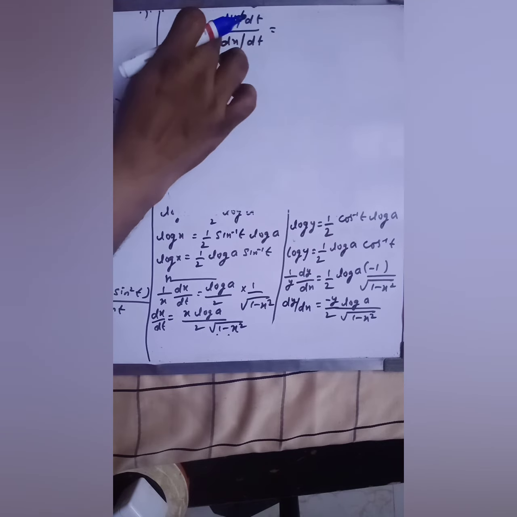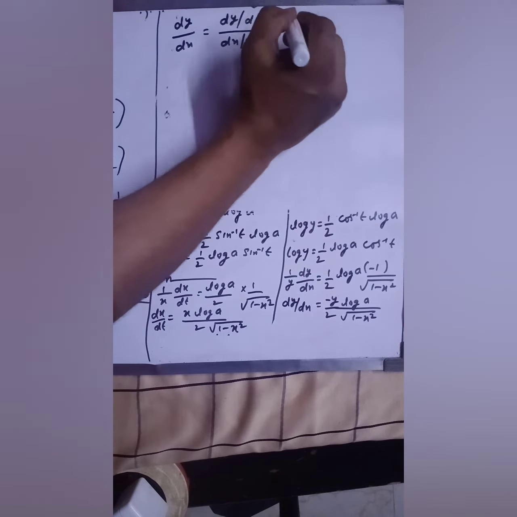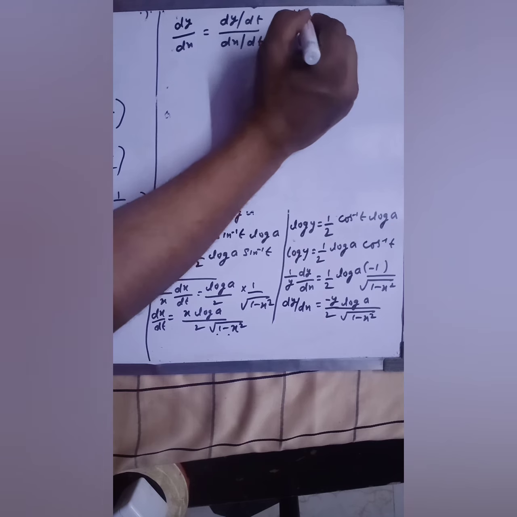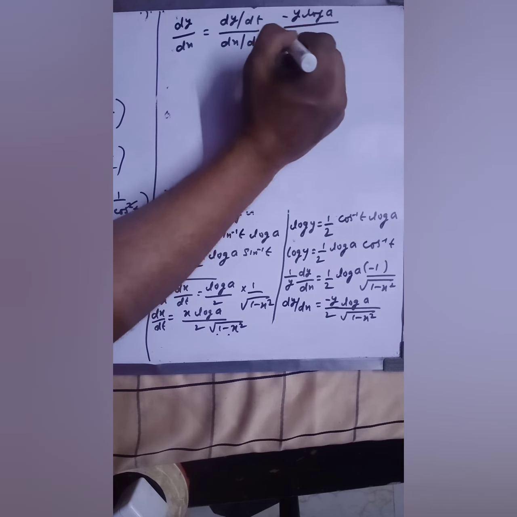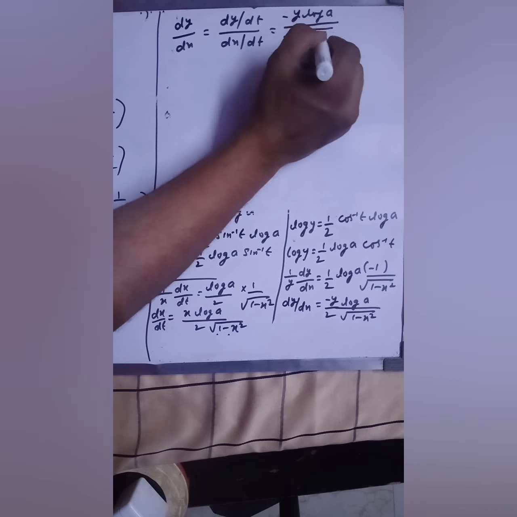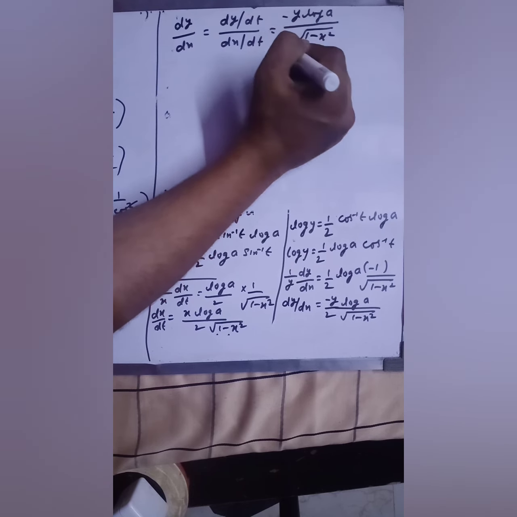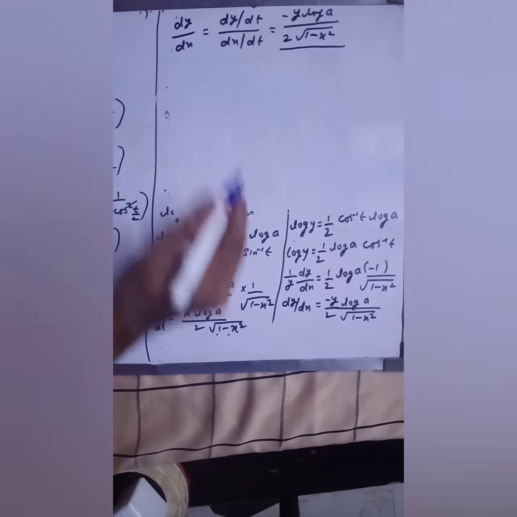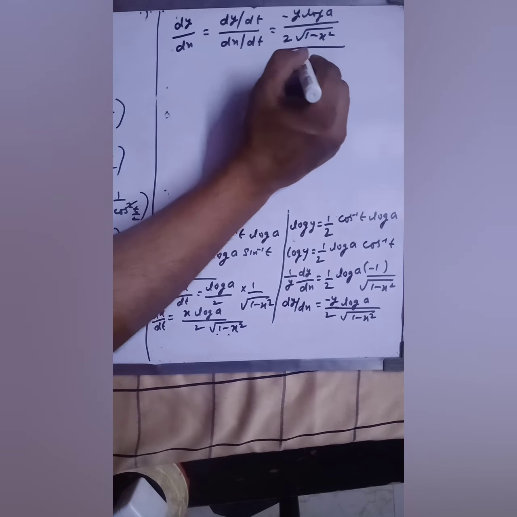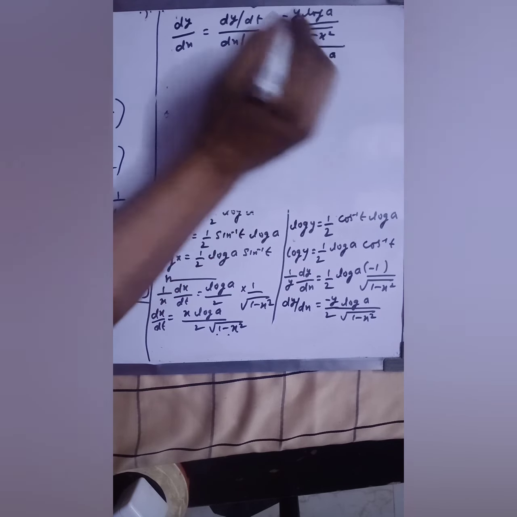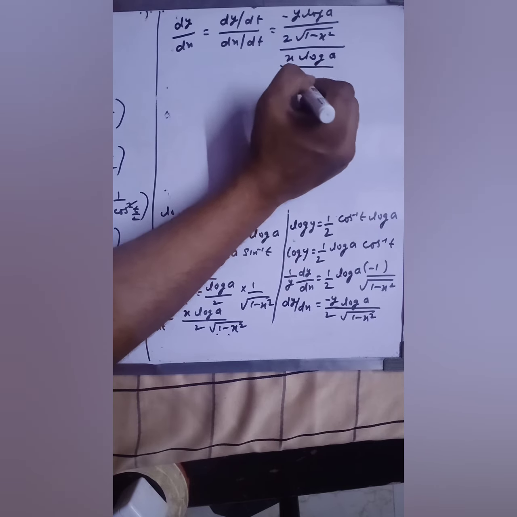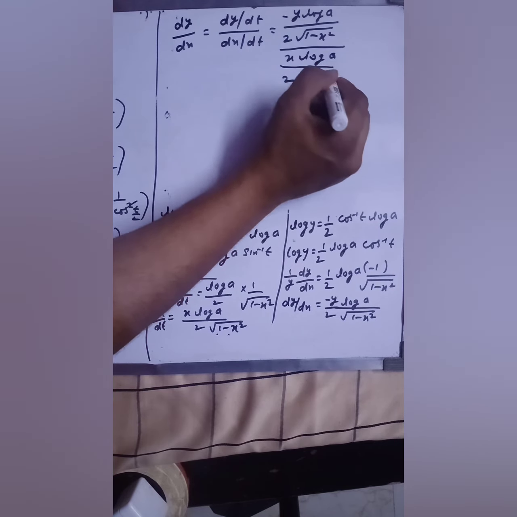So what is our dy by dt? This is minus y log a over 2 under root 1 minus x square. Okay, over this, dx by dt is here, x log a over 2 under root 1 minus x square.